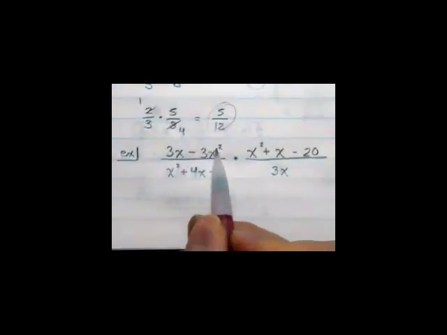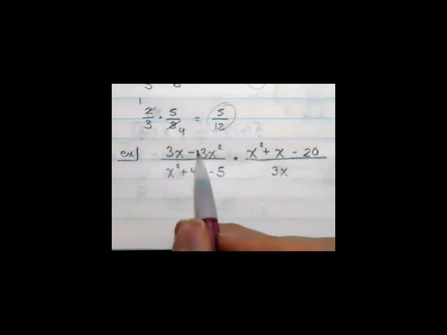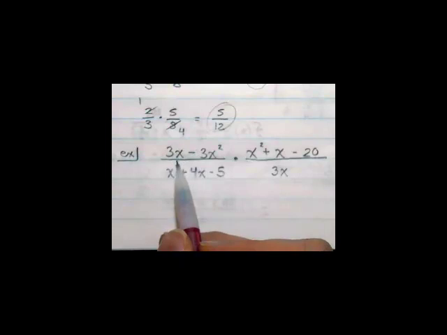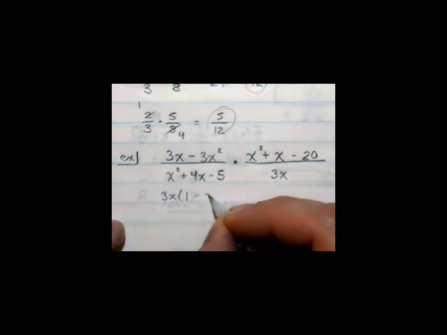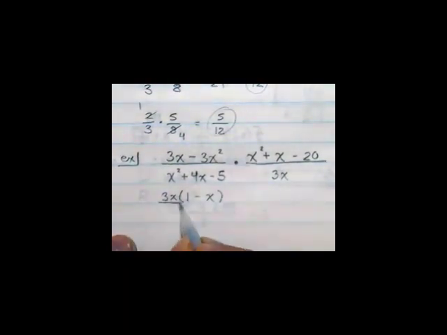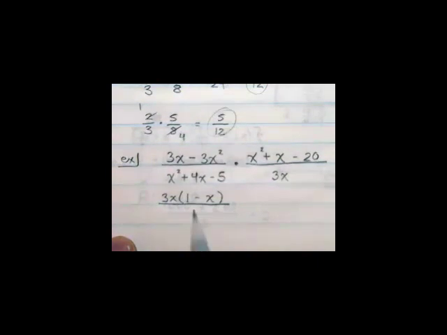3x minus 3x squared, is that factorable? What can we take out? 3 and an x. So for that one, I've got 3x, and then left behind would be 1 minus x. Okay, that's the top of the first fraction here. All right, x squared plus 4x minus 5.